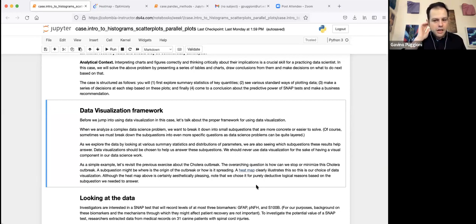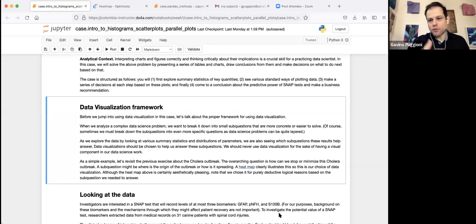This is where it gets a little bit technical, and we do not need to be biologists or chemists or super specialists. We just need to understand the basics. We are looking at 3 biomarkers that have these kind of arcane acronyms: the GFAP, the PNFH, and the S100P.